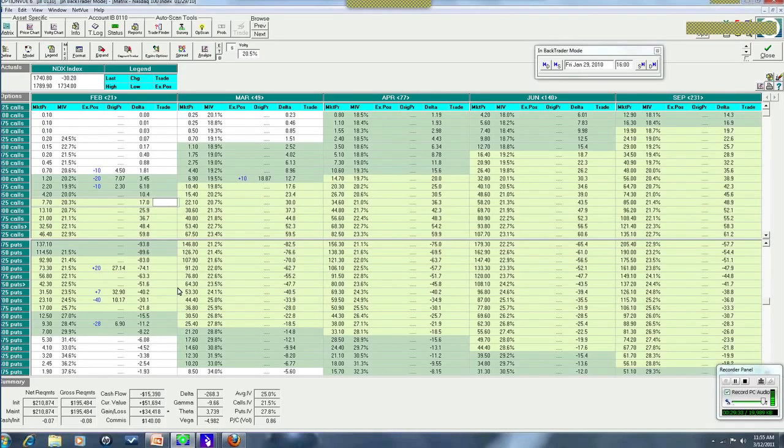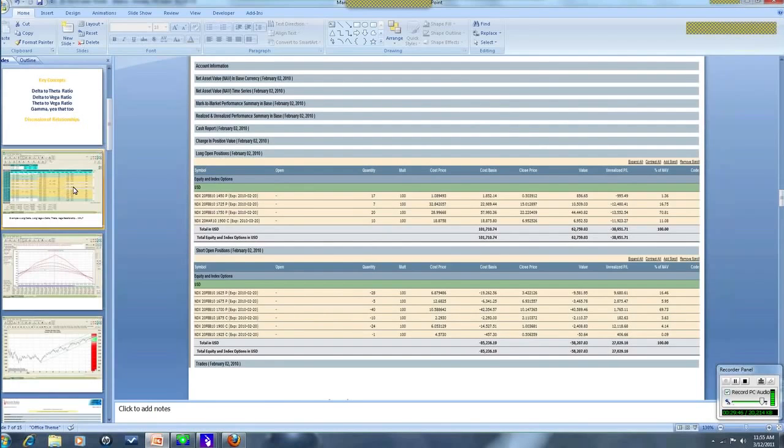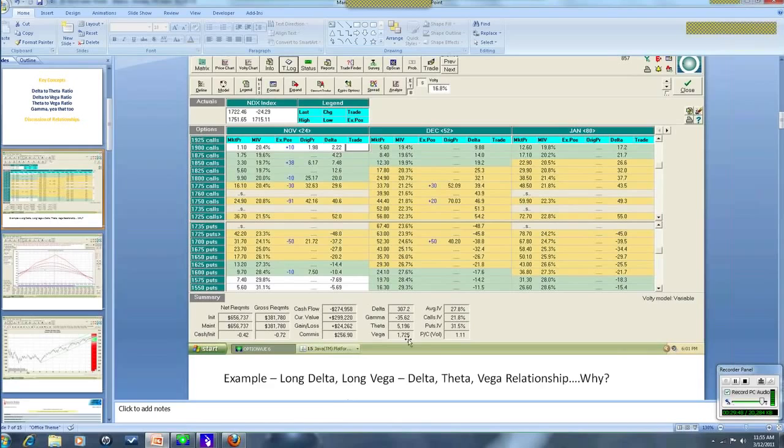Yes. Okay, so you don't want your vega delta ratio to be whatever, 10-to-1. You want it to be the same sign, either both negative or both positive. Yeah, they have to be on the same side.